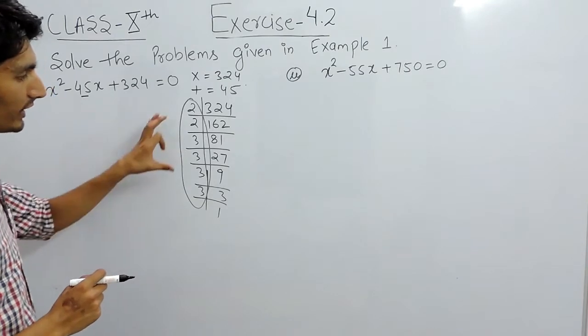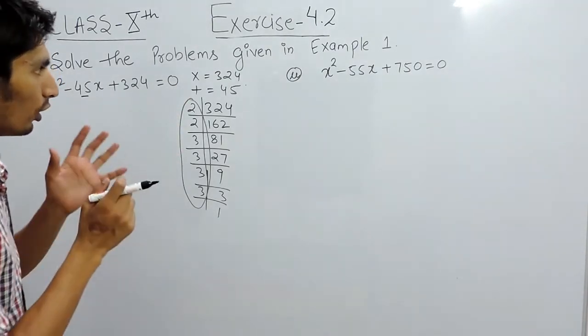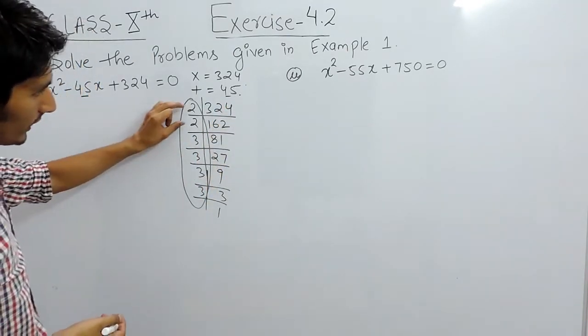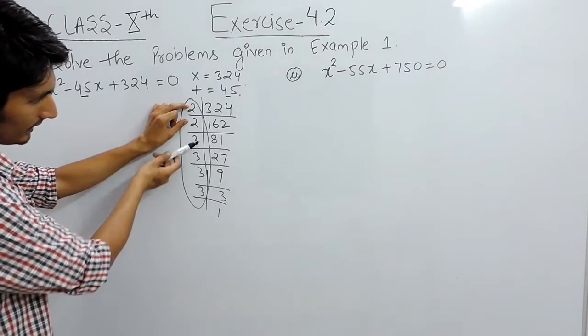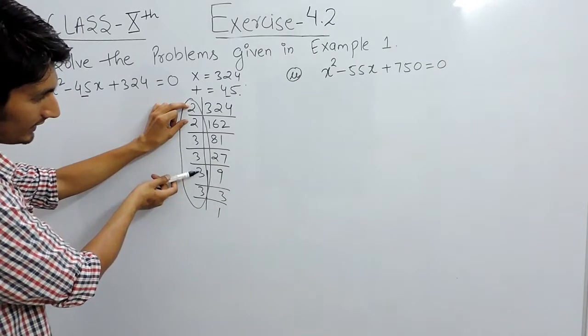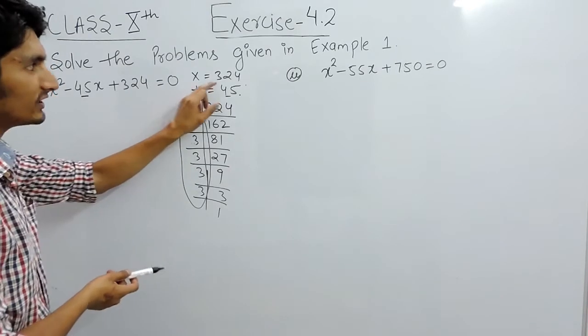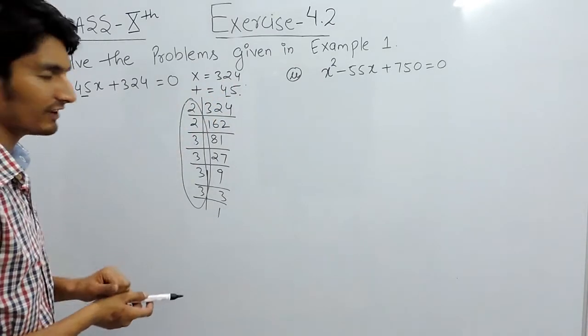Now you have to take any two factors of 324 whose sum is 45. You can take 2 into 2 as 4, and 3 into 3 into 3 into 3 as 81. So 81 into 4 is obviously 324, but 81 plus 4 is not 45.